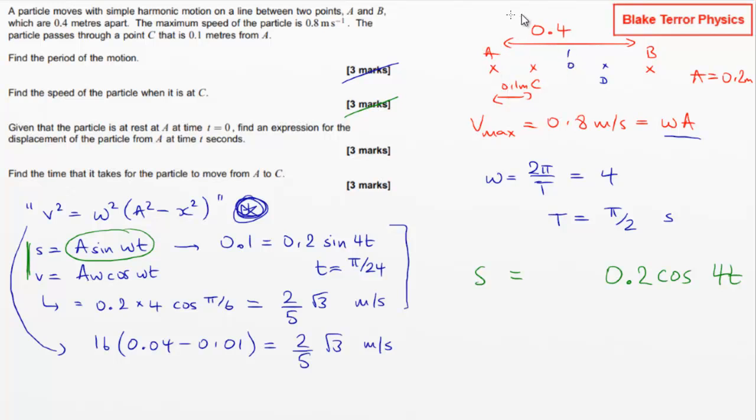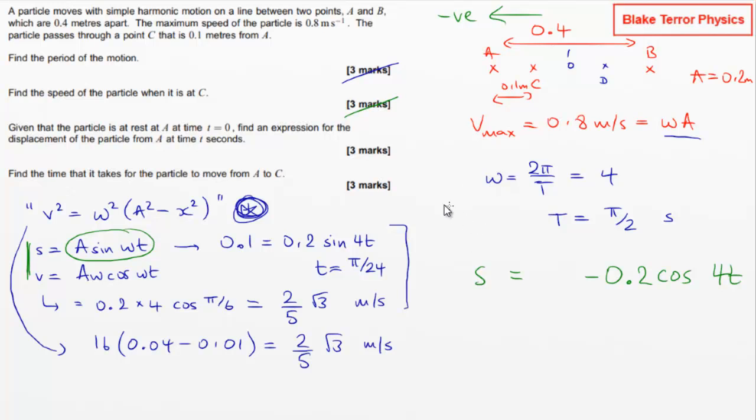A is in the negative direction in this case, so let's put a minus 0.2, because we're measuring that way to be negative. So we've got a minus 0.2 cos 4t. That's just describing things relative to O, but at least it started us at an amplitude.